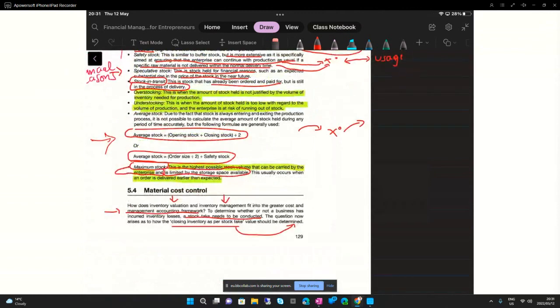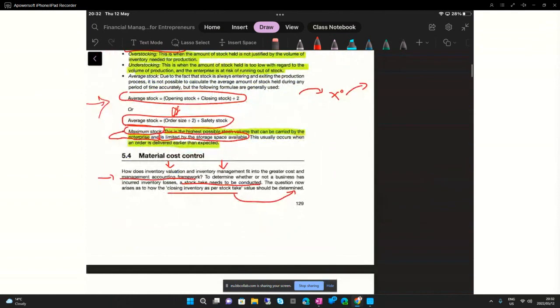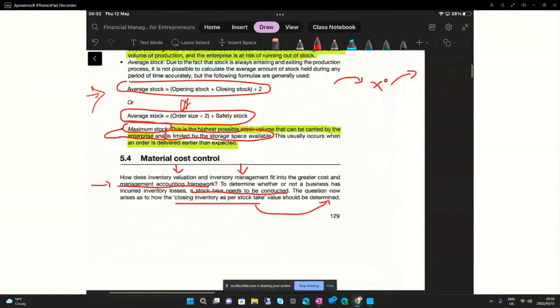Average stock would be the order size. This is quite important because you will find this formula again when we're doing calculations: average stock is the order size divided by 2, plus safety stock. Very important formula to keep in mind.